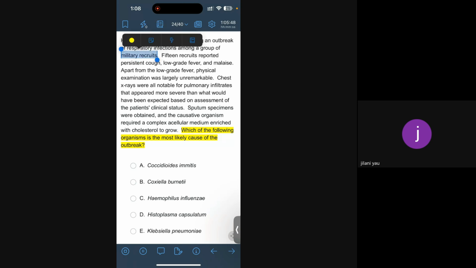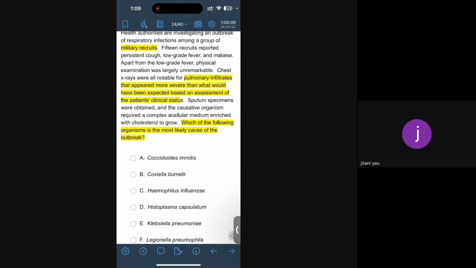Reports of a persistent cough, low-grade fever, malaise, and chest pulmonary infiltrates that appear more severe than would have been expected. The causative organism requires a complex acellular medium.